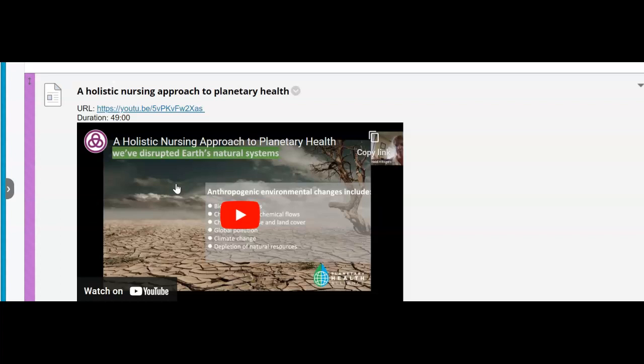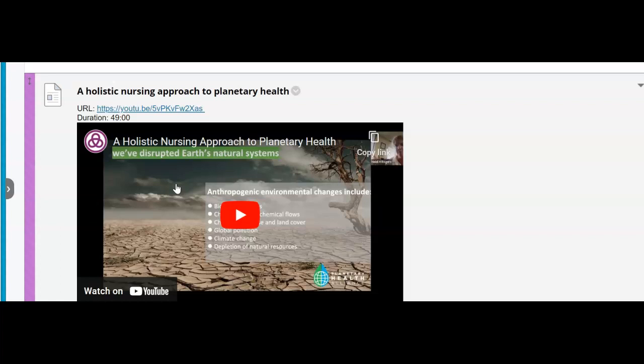Planetary health is understanding the human health impact of environmental change so that solutions can be developed and then implemented. So we know when we talked about mental health, if we're health focused, we're promoting the health of individuals.